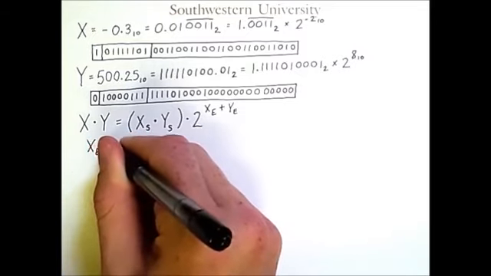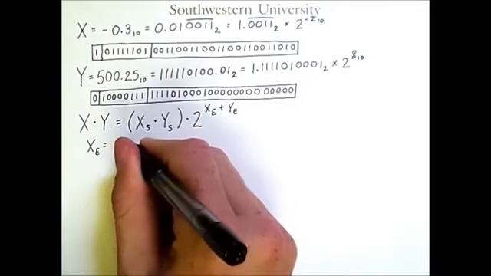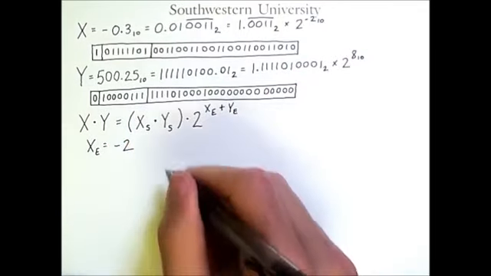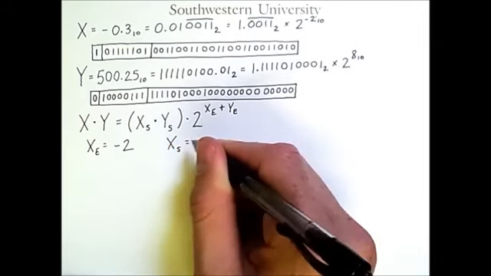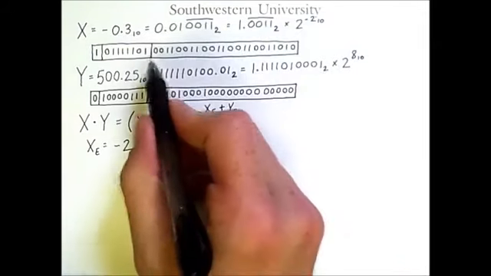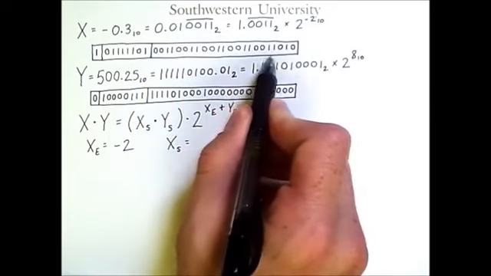The exponent for x is simply minus 2. And the significand for x is 1 point followed by this sequence.